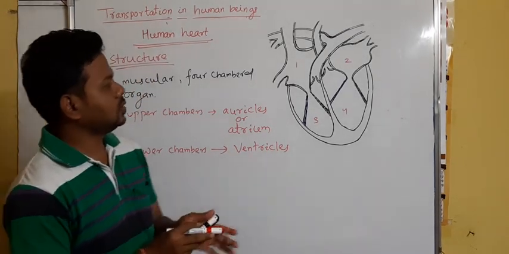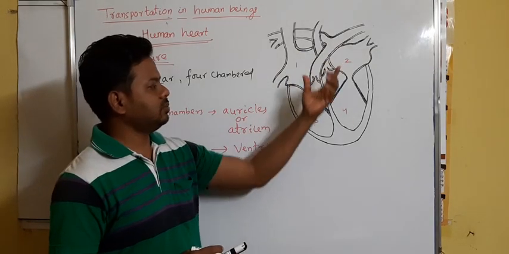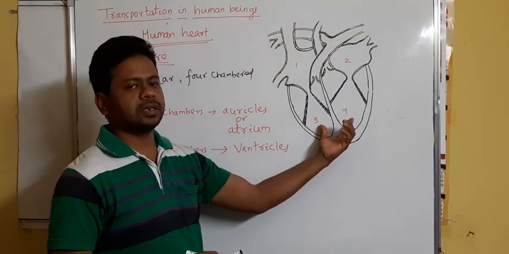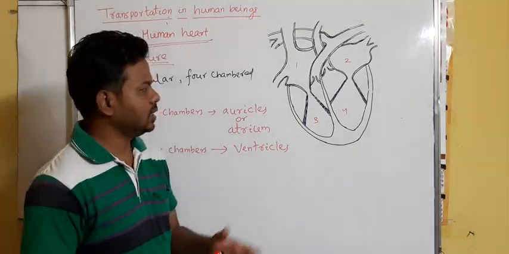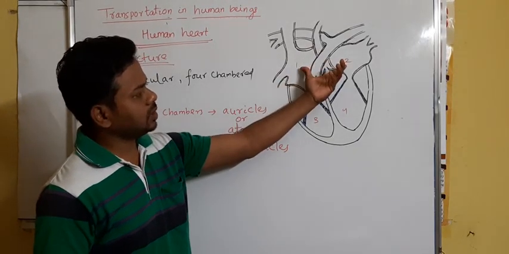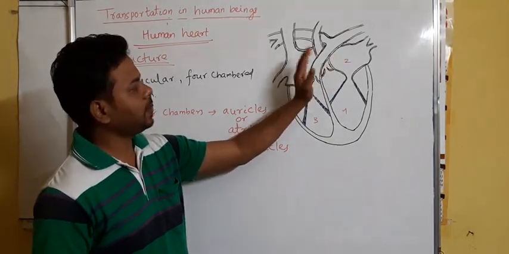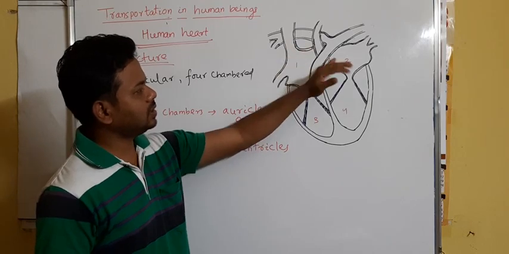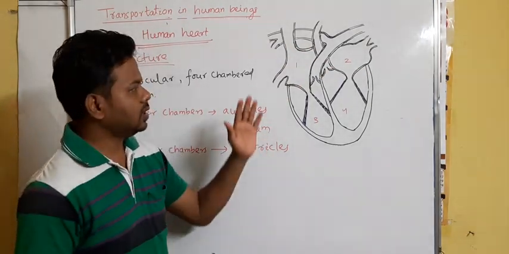So these are auricles or atrium, and the lower chambers are called ventricles. As both are called auricles, they also have separate names. This is called the right auricle, this is called the left auricle.